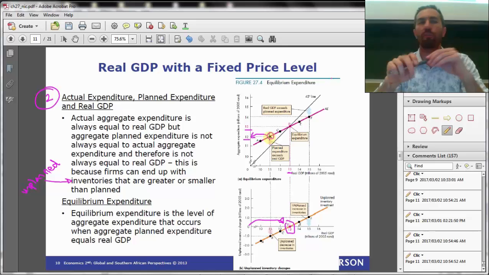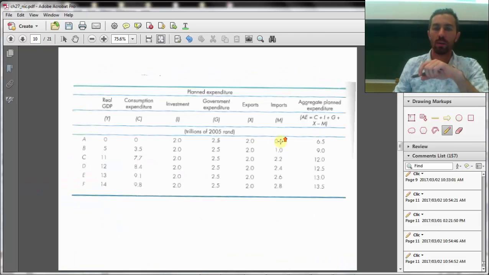Okay, we assume that firms are the only ones for whom unplanned changes have any effect. So firms have gone into this situation with planned inventory expenditure. Okay, so they've got some amount that they want to spend. We saw in the schedule our planned investment is 2, value of 2. Okay.